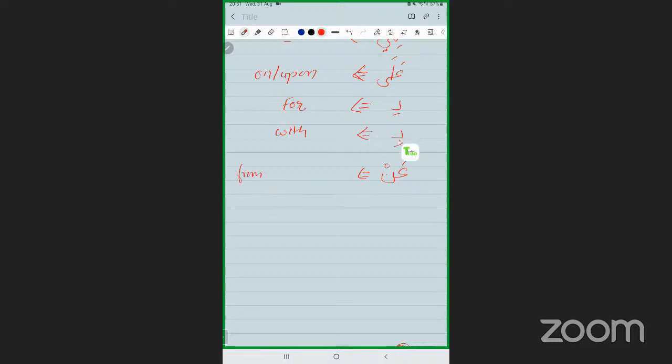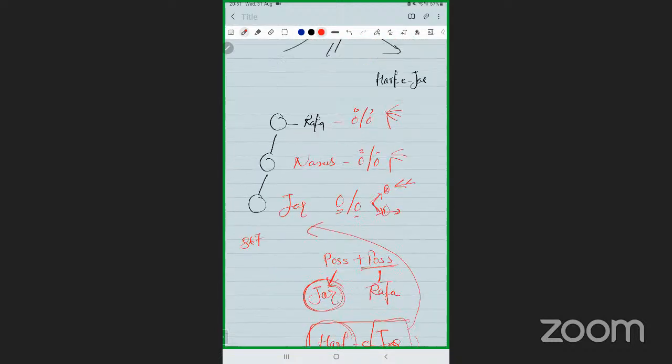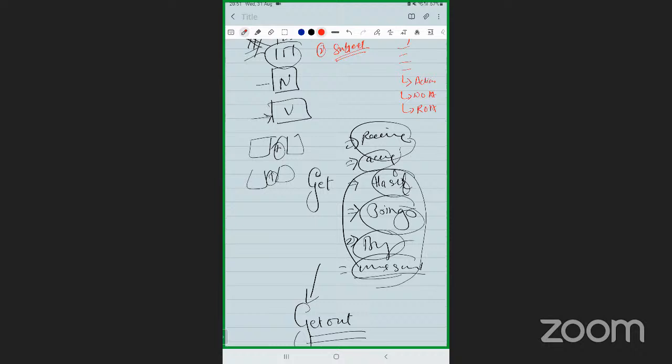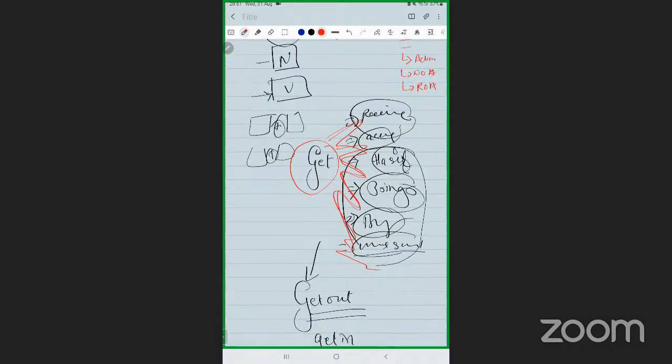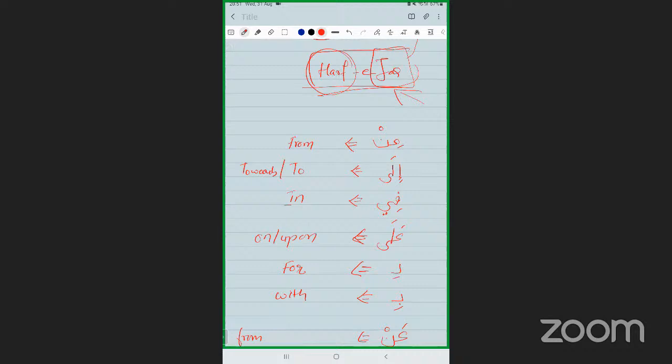From. Also B has many meanings, li has many meanings. These are the common meanings I'm writing here. When I asked you the meaning of get, you gave me the most common meaning. Similarly, I am giving you the most common meaning of these particles.